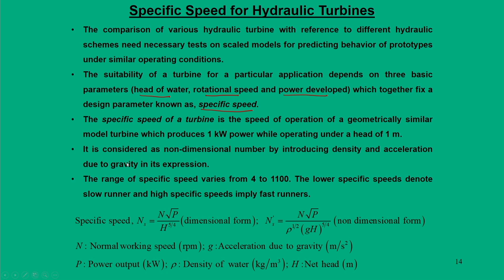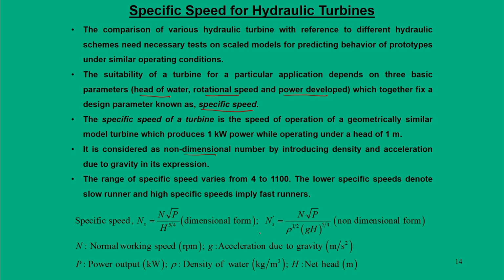There are two things here you need to focus on. First, it can be a non-dimensional number or a dimensional number. Through the similarity rules, the specific speed of a turbine is defined in dimensional form as N times square root of P divided by H to the power 5 by 4.